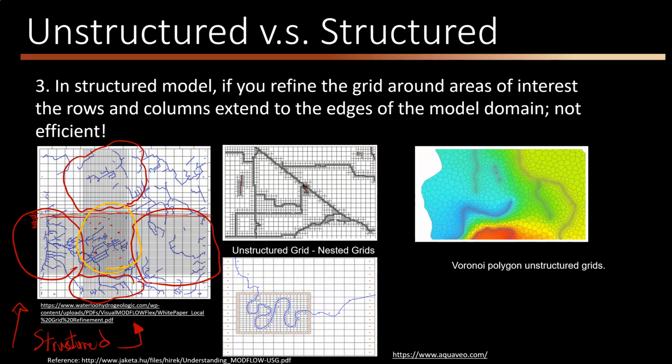But in the unstructured system, for example, if this is my river system, I can use a nested grid system and quadtree system, and also locally increase the resolution here. But as you see, with the Voronoi unstructured system, if I want to increase the resolution along the river, I can beautifully use smaller cell sizes there.